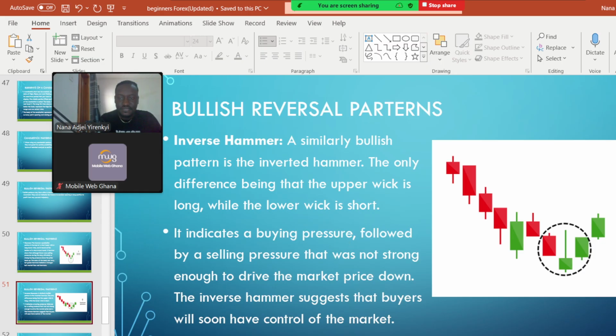If this type of candlestick pattern is formed on any support level that has been marked, it means the price is ready to push to the upside and you are ready to get in on your buying opportunity. That is it for the inverse hammer.